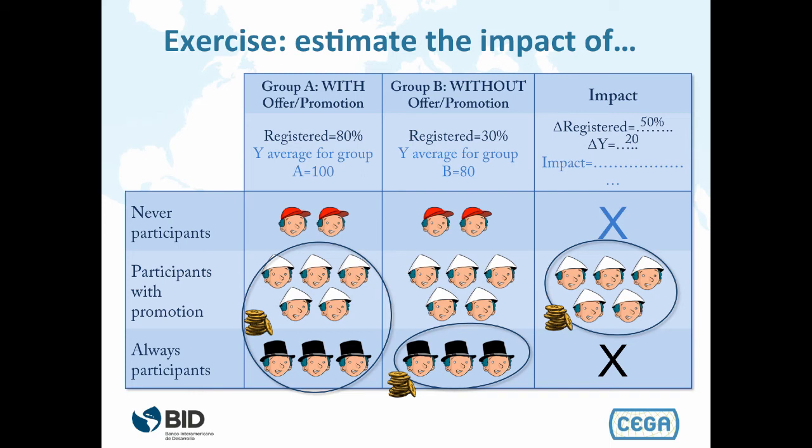In some sense, you can think of this as the intent to treat. We really wanted Group A to enroll, so we intended to treat them. In Group B, we didn't intend to treat them. We didn't promote them. And so the intent to treat experiment leads to an increase in 20 in the outcome of interest.